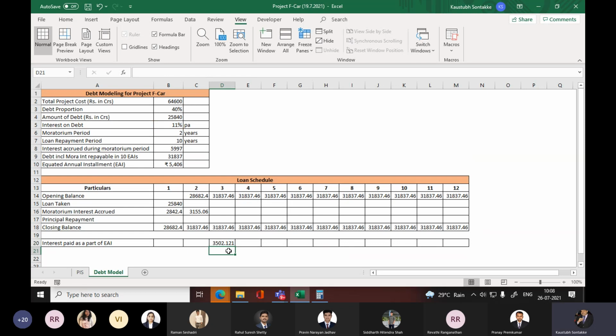It depends on your desktop or laptop. On my laptop, it needs function F4 to freeze it, and on my desktop, it is F4 only. So 3,502.121 is the interest paid as a part of EAI, which you will drag till the end.